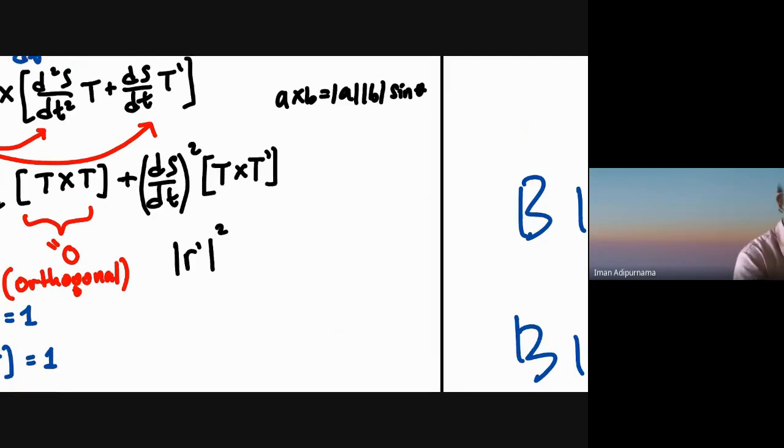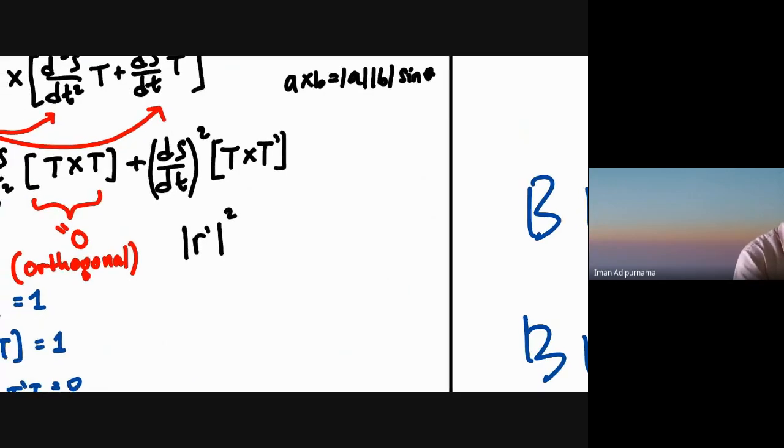Okay, and because it's orthogonal, we can write down into this form, and then sine pi over 2 is 1, so you can just write that.